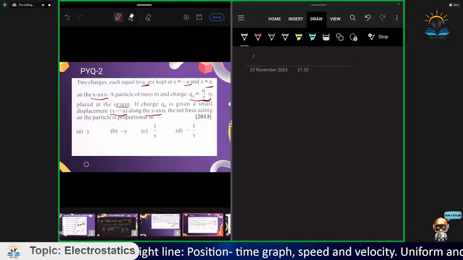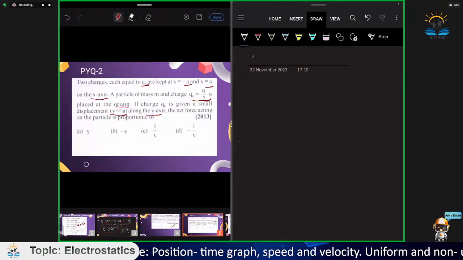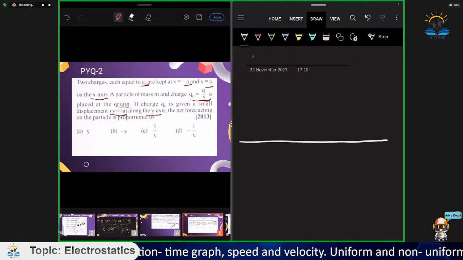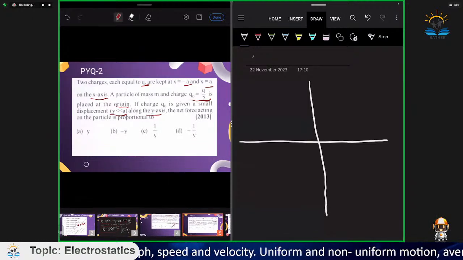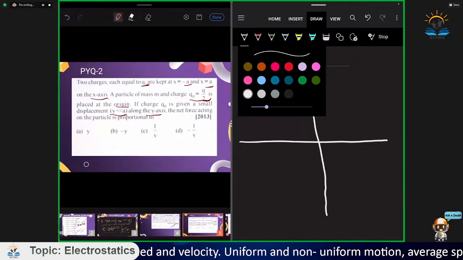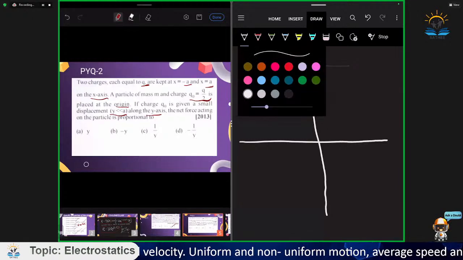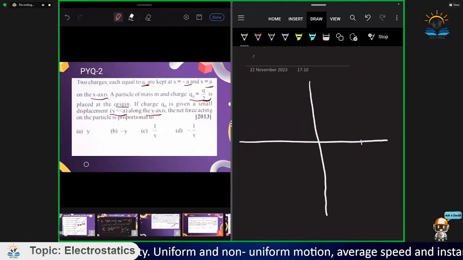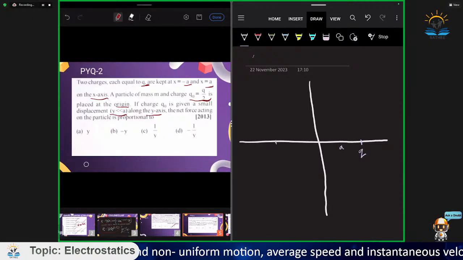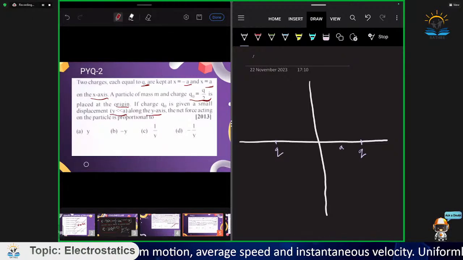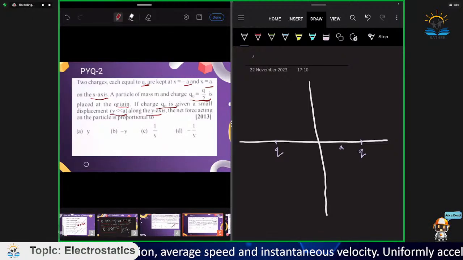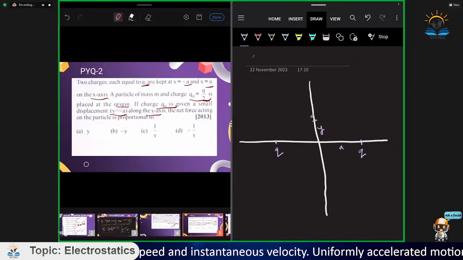See, this is the condition. On the x-axis, at distance A, charge Q, and here also at minus A, charge Q. Now Q0 is given a small displacement Y. So Q0 is here.